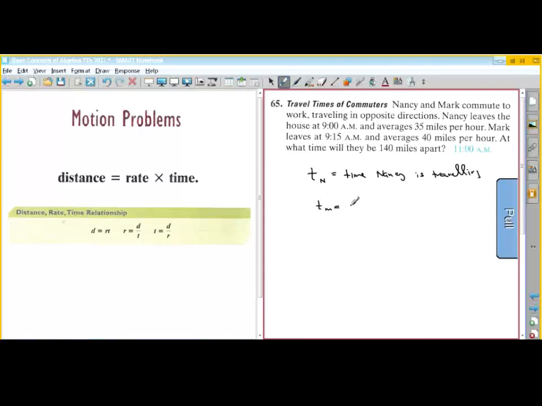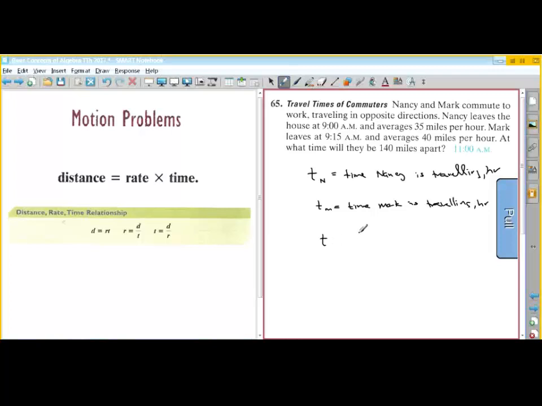And the time that Mark is traveling is t sub m. And these are in hours, so you have to say what kind of units they are, so they're hours.